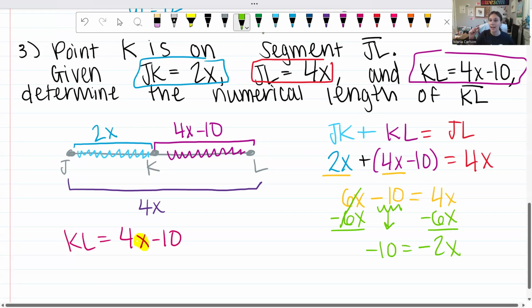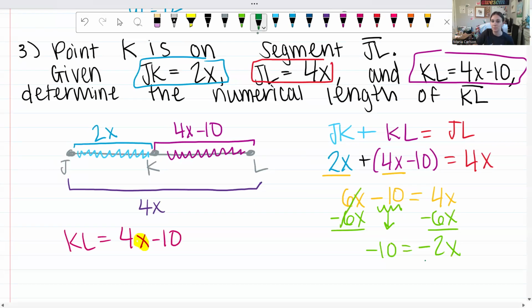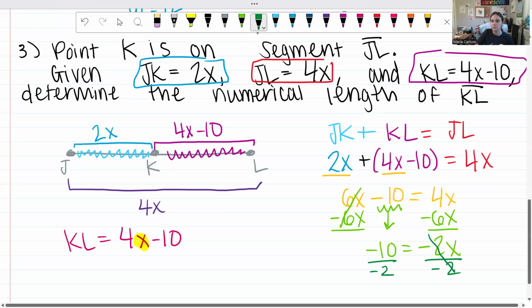And now I have the variable on one side of my equal sign, so I can divide both sides by negative 2. So our negative 2's will cancel on the right, and I will get 5 is equal to x.